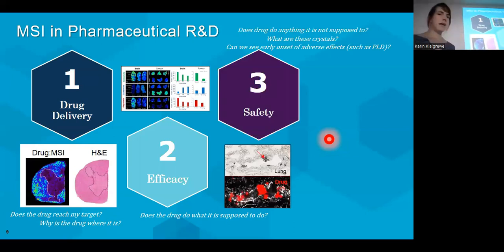The third one is safety applications. So this is around questions like, does the drug do anything it is not supposed to do? I'm going to show an example as well, like what are those crystals? And can we see early onset of adverse effects? So actually with MSI, we often see effects earlier than the histology can see them.